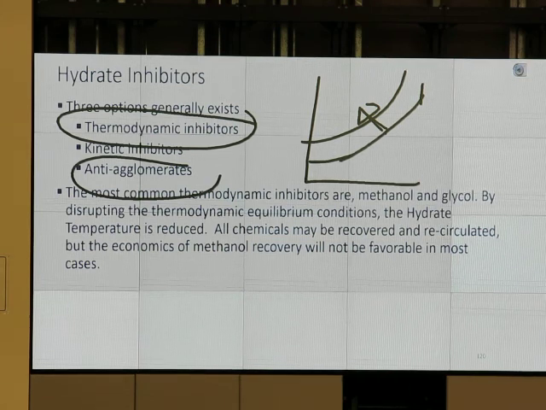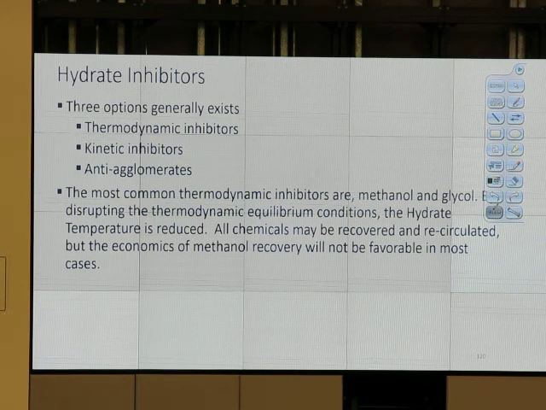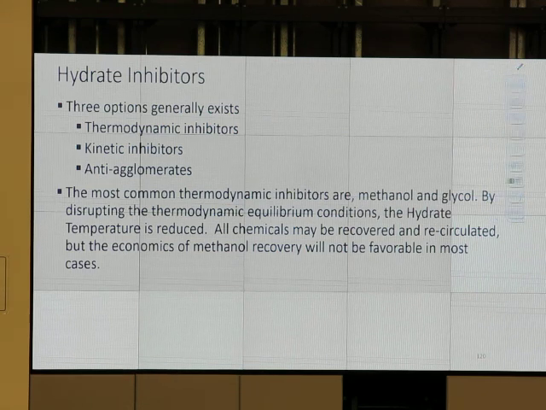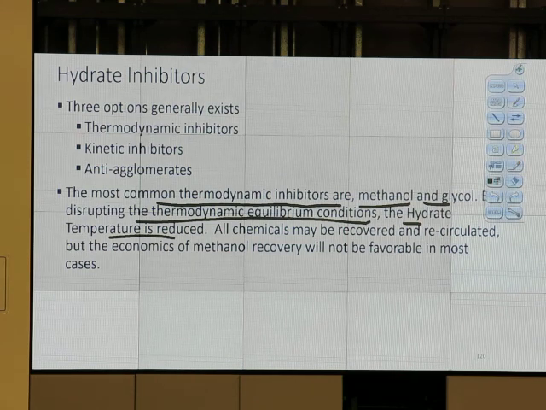That's what it is. So when we have temperature and pressure, thermodynamic inhibitor shifts the line. Kinetic inhibitor slows it down, whether it's formed or not, to slow it down. The most common thermodynamic inhibitors are methanol and glycol, but by disrupting the thermodynamic equilibrium condition, the hydrate temperature is reduced. So it changes the hydrate phase envelope.